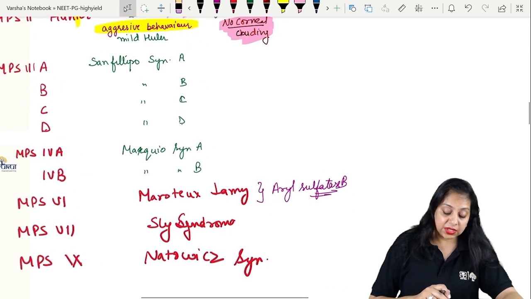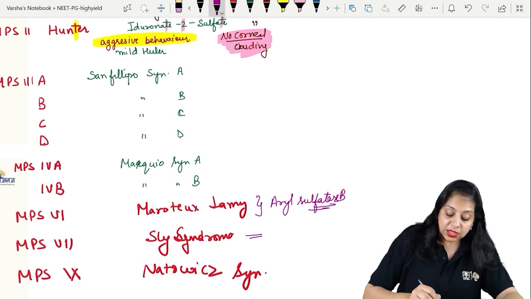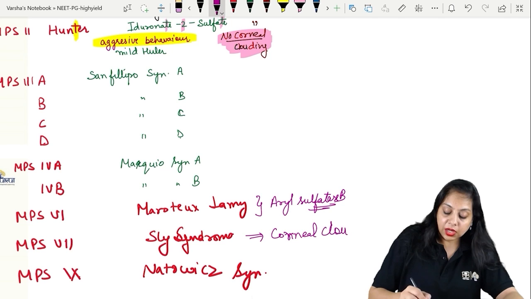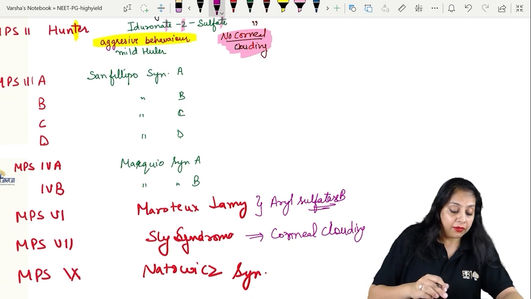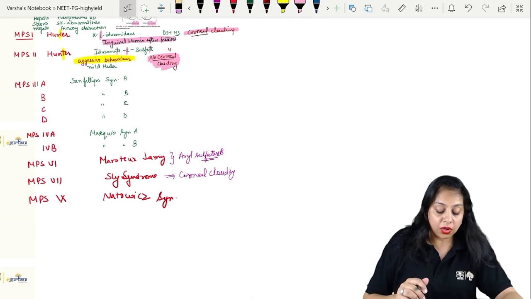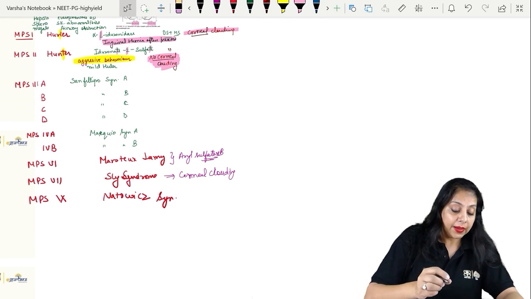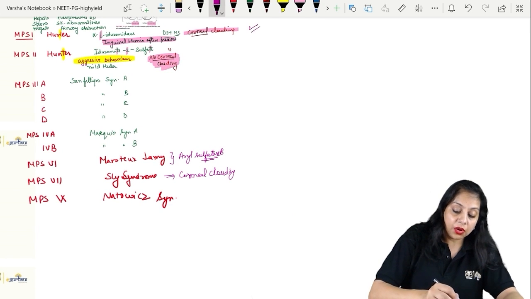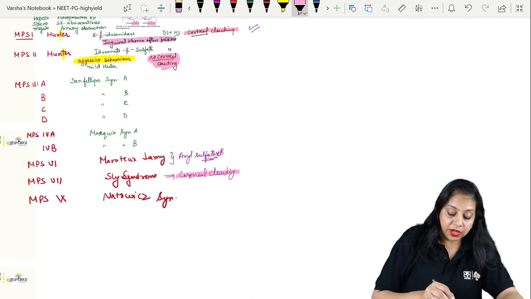Why do I want to discuss the Sly syndrome? Because in Sly syndrome, the patient will have corneal clouding. And I have already told you in Hurler syndrome, the patient has corneal clouding, right? So here is the corneal clouding, here is the corneal clouding.